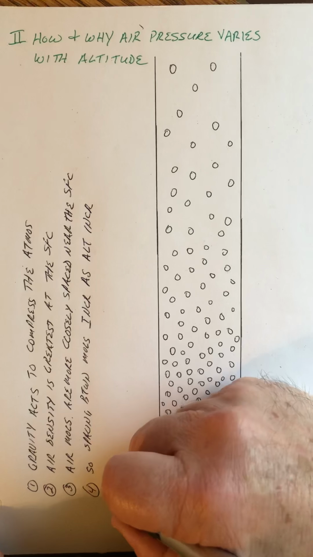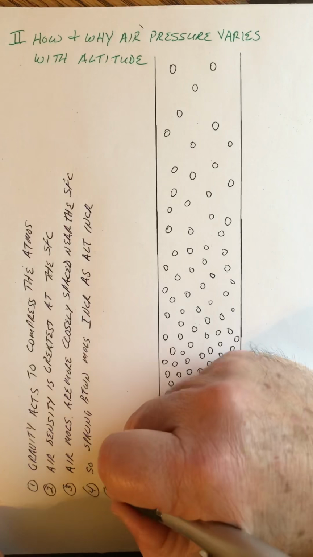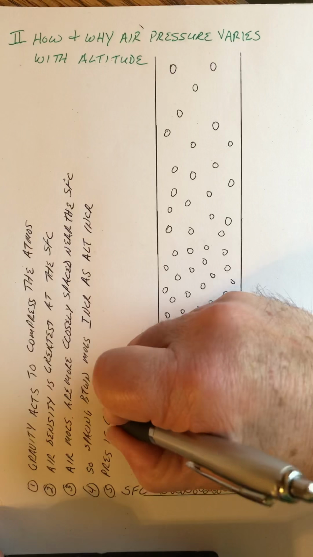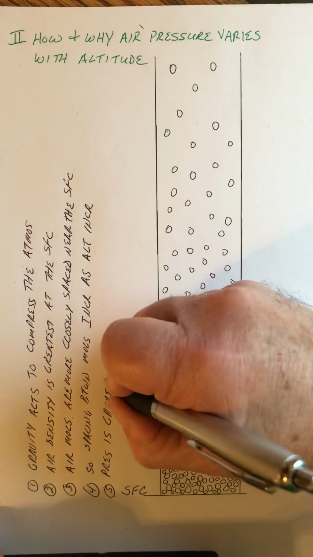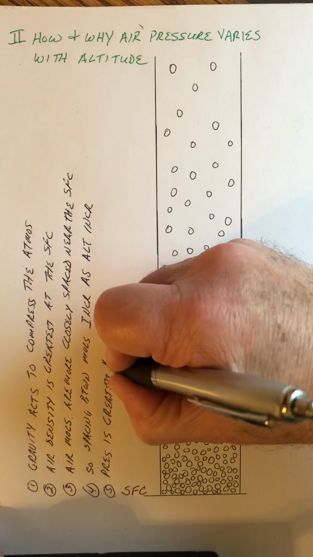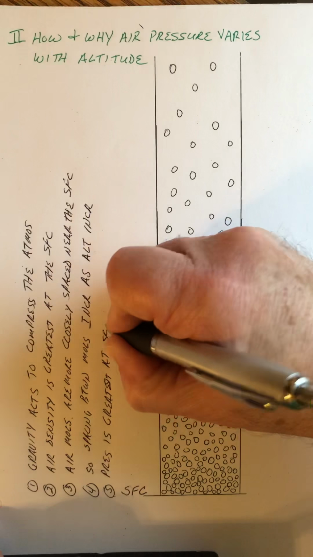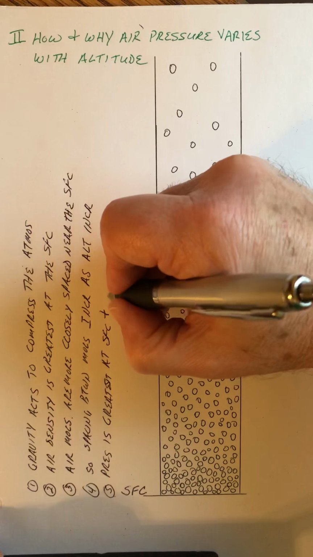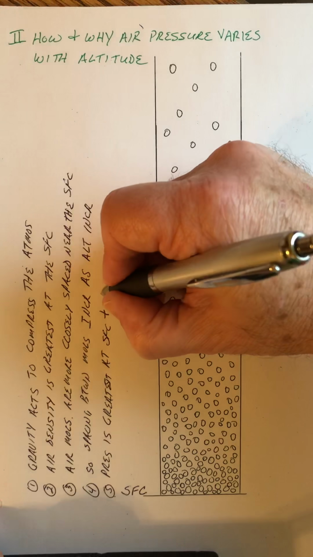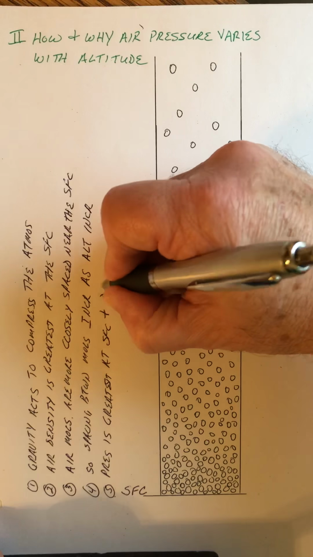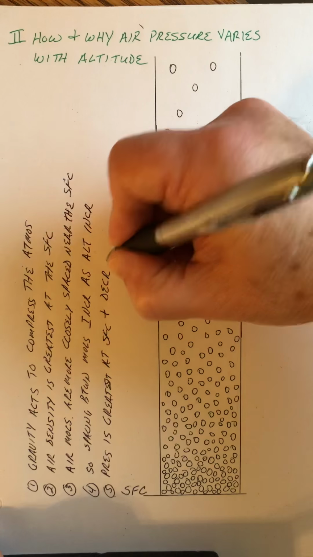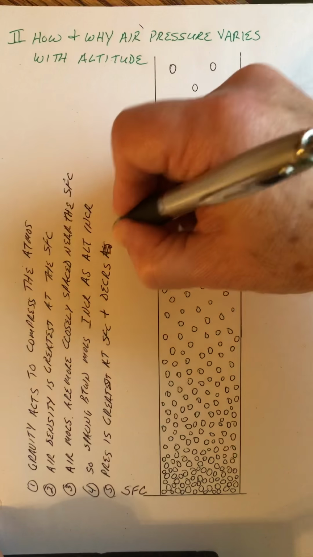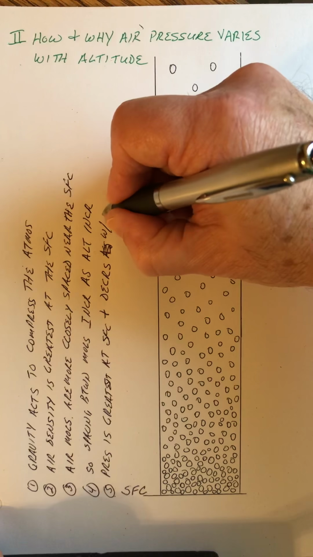So our pressure is the greatest at the surface, and that pressure is going to decrease as the altitude increases. So the pressure is greatest at the surface and it decreases with increasing altitude.